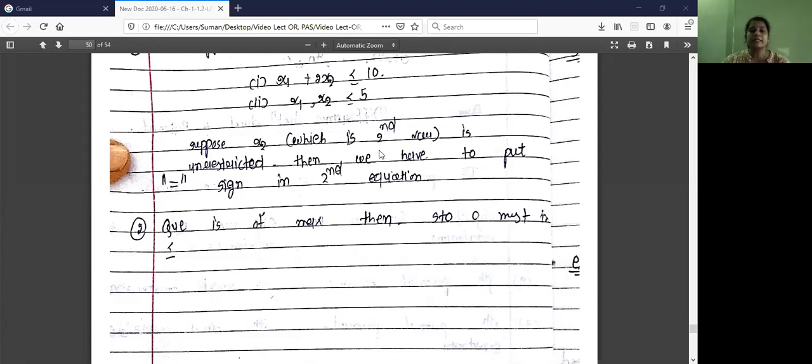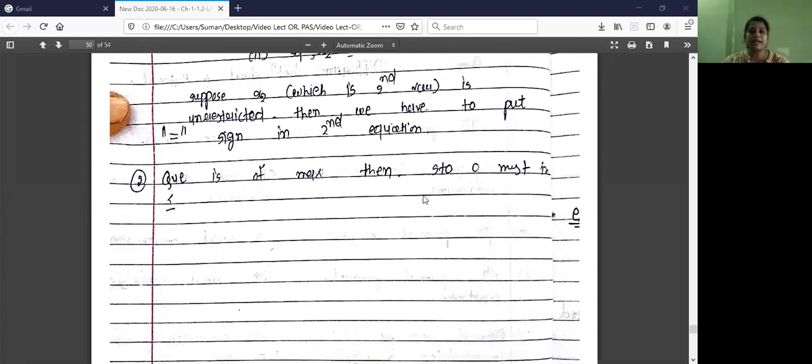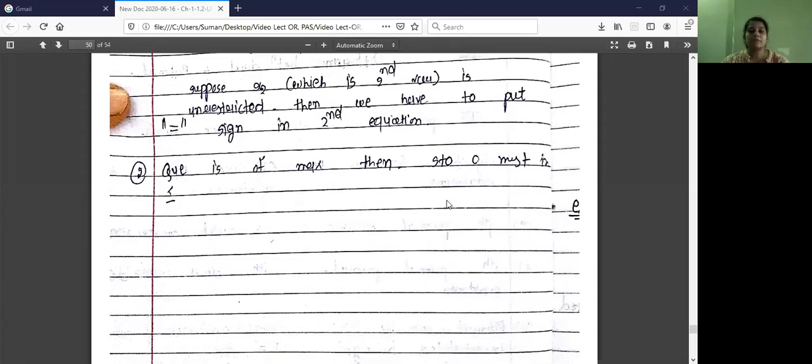In case in our dual we are given one variable unrestricted in sign, for example x2, then when we find the primal, our second constraint equation must have the equal to sign. And if the question is of maximization, then the subject to constraints must be less than equal to sign.